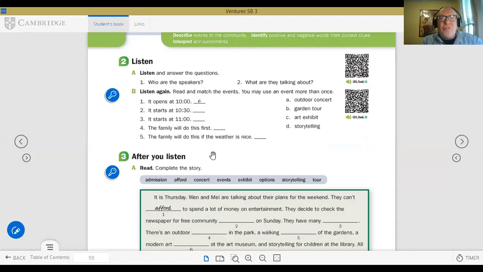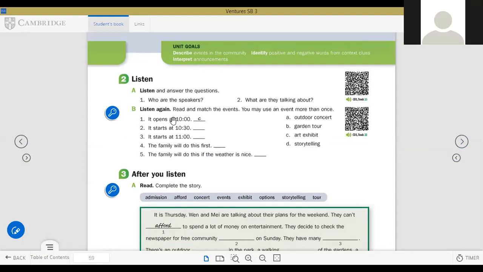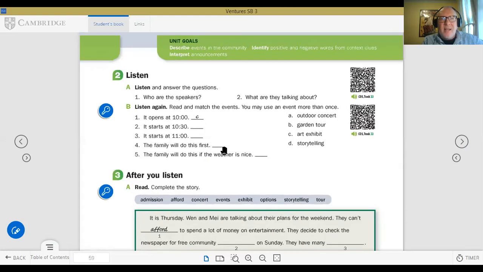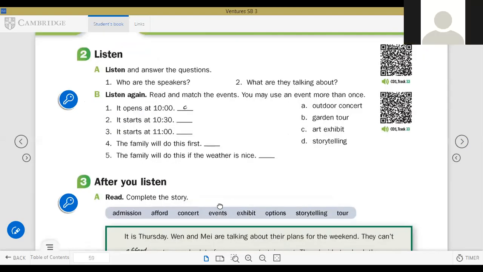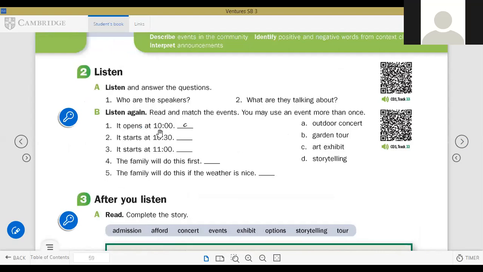And we're going to listen to the family's plans for the weekend. And we're going to fill out this information. So one of them starts at 10 o'clock. We've already got that one answered, that it's the art exhibit that starts at 10. One starts at 10:30. One starts at 11.